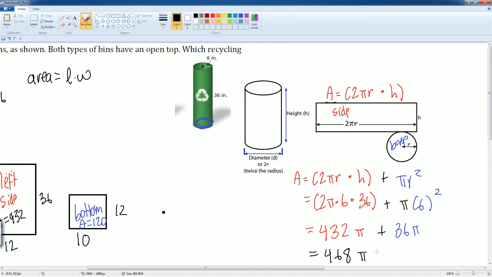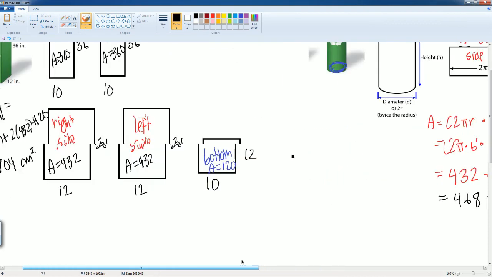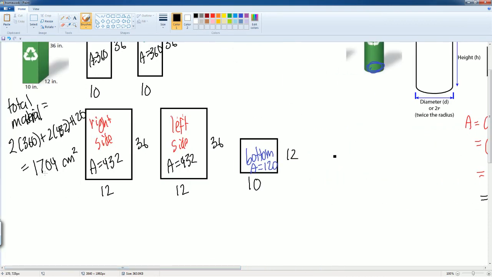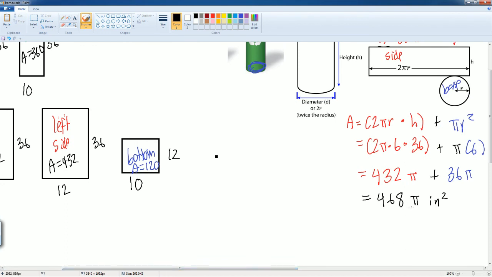The units are inches squared. Now we can compare the material for the cylinder, 468 pi, and the rectangular one, 1740. You can't compare quite yet, because you see how there's a pi here. So all you should do is calculate 468 pi, because you need its exact value.